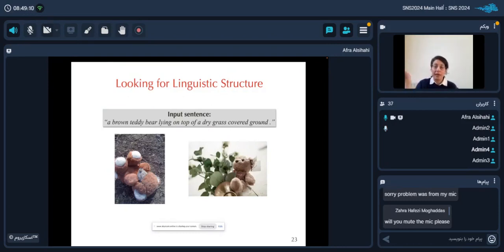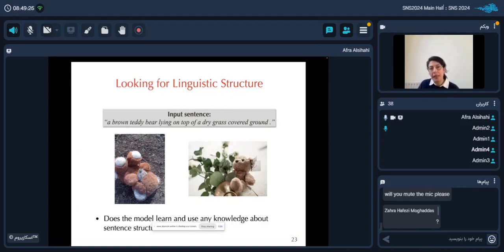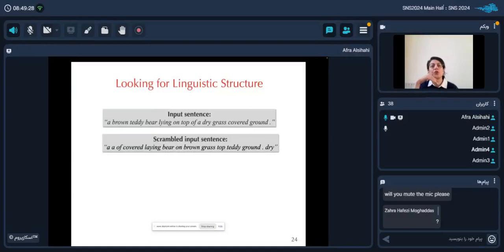Now, someone might ask, does the model really need the structure of the sentence to understand which image is the best? So as a quick sanity check, we can take the same sentence and randomly shuffle or scramble the order of words in this input sentence.